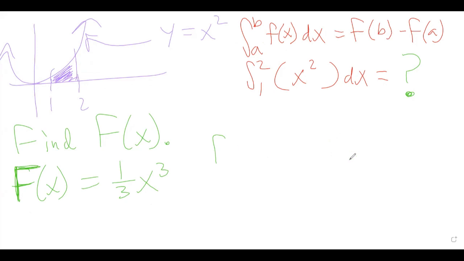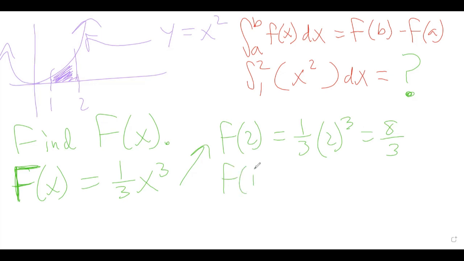Now that we know big F, let's find big F of B, which is F of 2. That'll be 1/3 times 2 cubed. Calculator says 8/3. And then find big F of A, which is big F of 1. That'll be 1/3. And then based on the equation, you go F of B minus F of A. So you take these numbers and you subtract them.